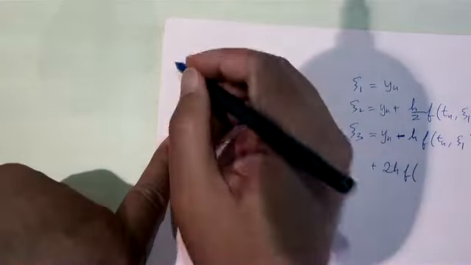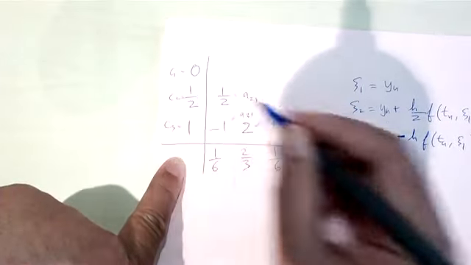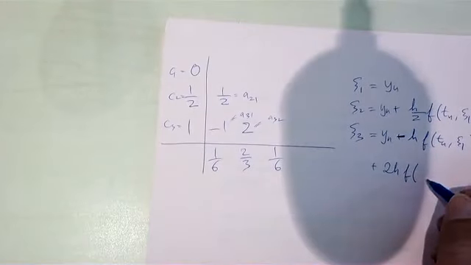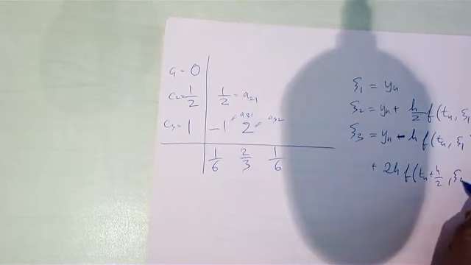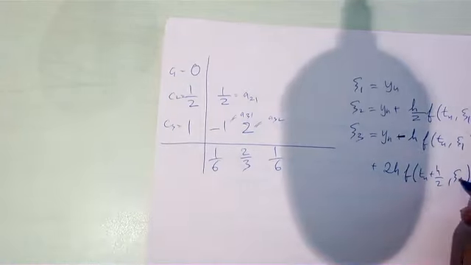Okay, so now this one is your C1, C2, and C3. So it should be Tn plus H over 2 psi 2. Oh, sorry. One should be psi 2, not psi 3.